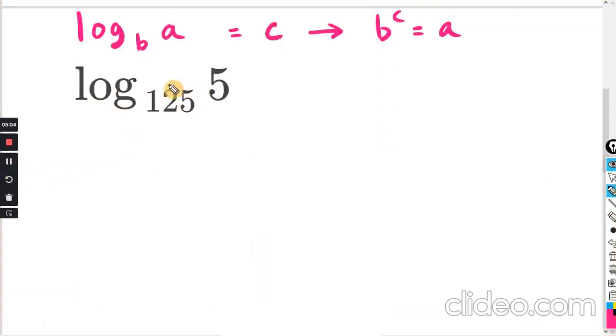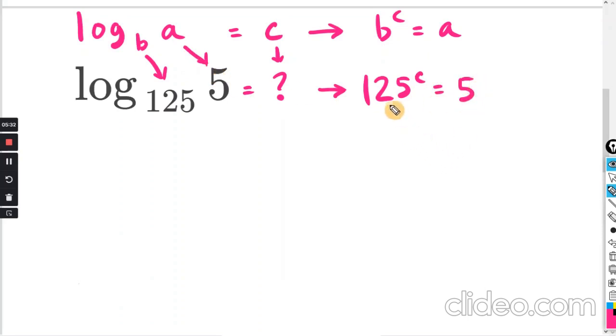All right, so we want to evaluate this expression here. They're asking us what this equals, and we want to translate this into exponential form. So the base number B, that's 125. The exponent C, we don't know. We'll just keep it as C. And the argument A is just 5.